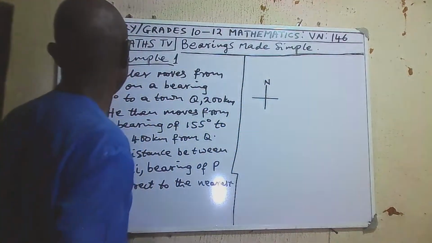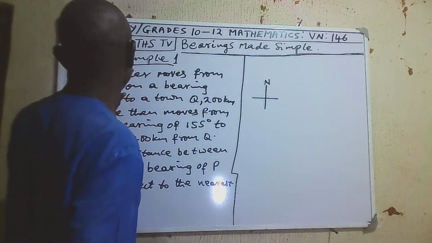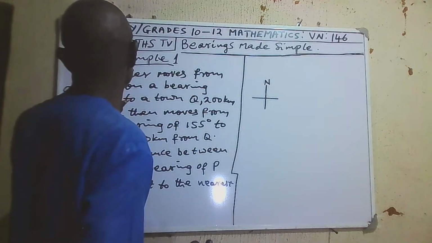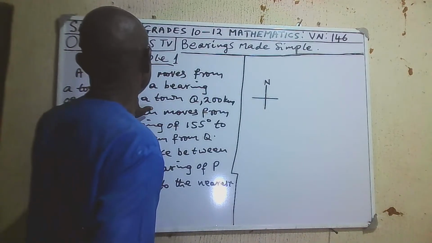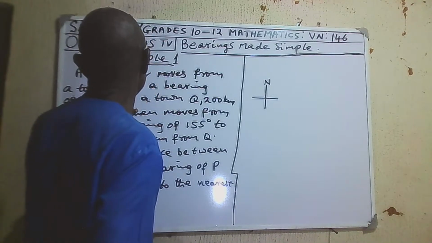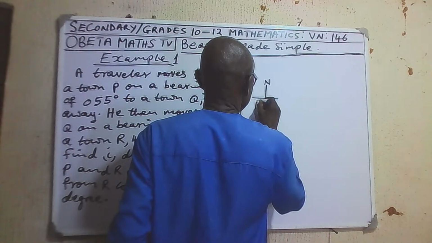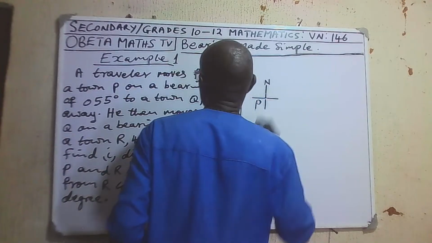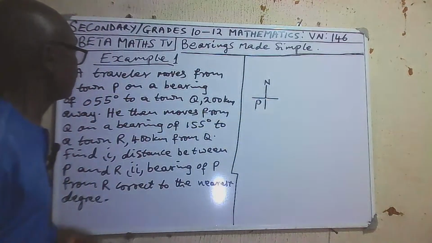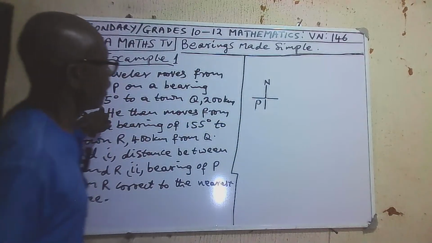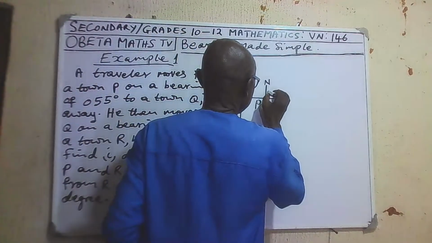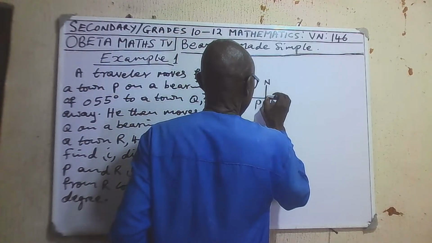First of all, we are told that the man moves from a point P on a bearing of this. So let's take this to be our P, and then we also indicate the bearing. Since it is 055, that means it's still within this first quadrant. So we locate.